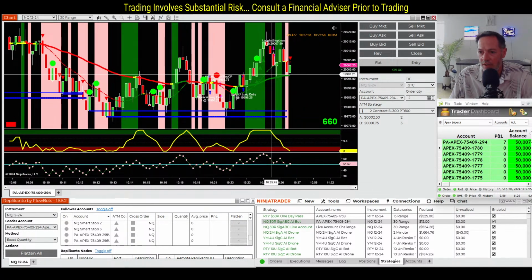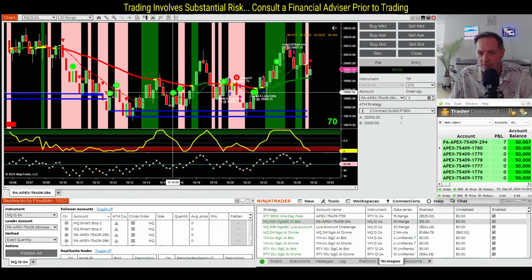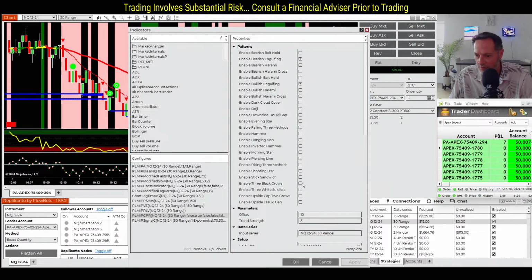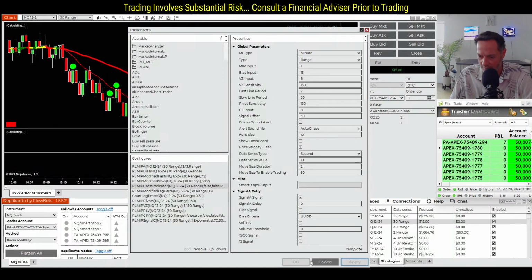At least it is today. Yesterday it wasn't. Yesterday we had several moves in 10 seconds make over 40 ticks. So today it looks a little tough, so we'll nudge this cross indicator down just a little bit. We'll try 30 ticks in 10 seconds.